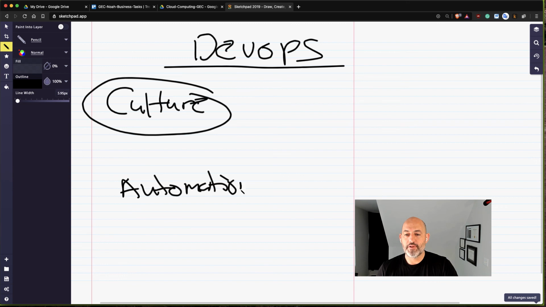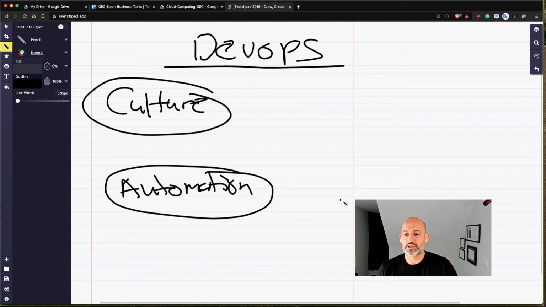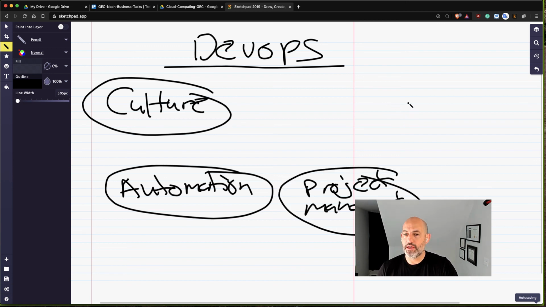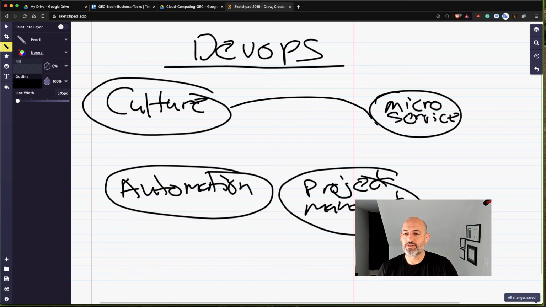We also have project management. And then we also have the microservices. There's other things too, but these are all part of this feedback loop of Kaizen, right?